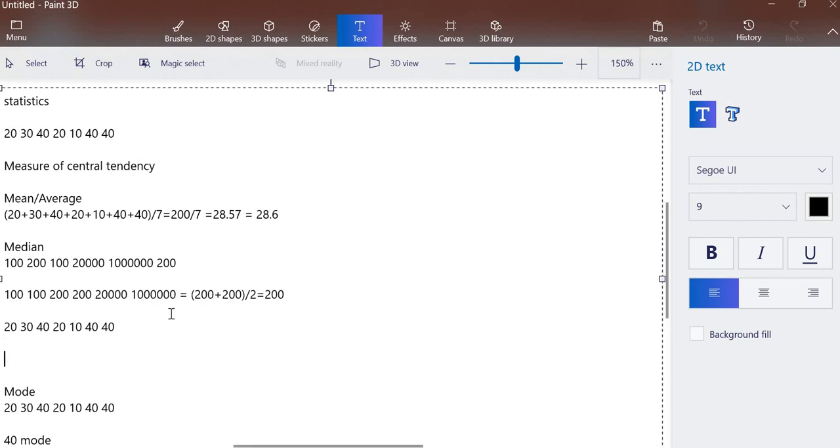For that, we arrange them in ascending order: 10, 20, 20, 30, 40, 40, and 40. So the median value is 30. So the median will be 30 over here, right?